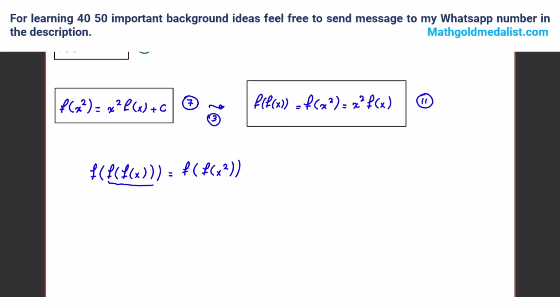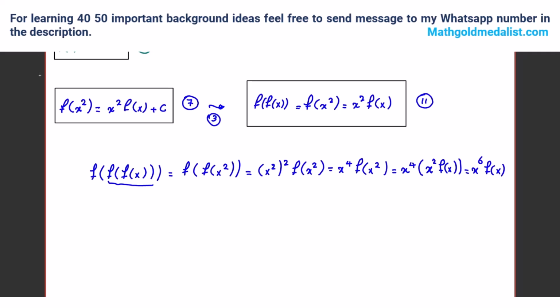And then we know f of something, we want to use first one, last one. F of something is that squared. So here, x squared f of x squared. So it would be x to the 4 times f of x squared. Then we should use second one and third one. F of x squared is x squared. So x squared times x squared f of x, which would be x to the 6 times f of x.